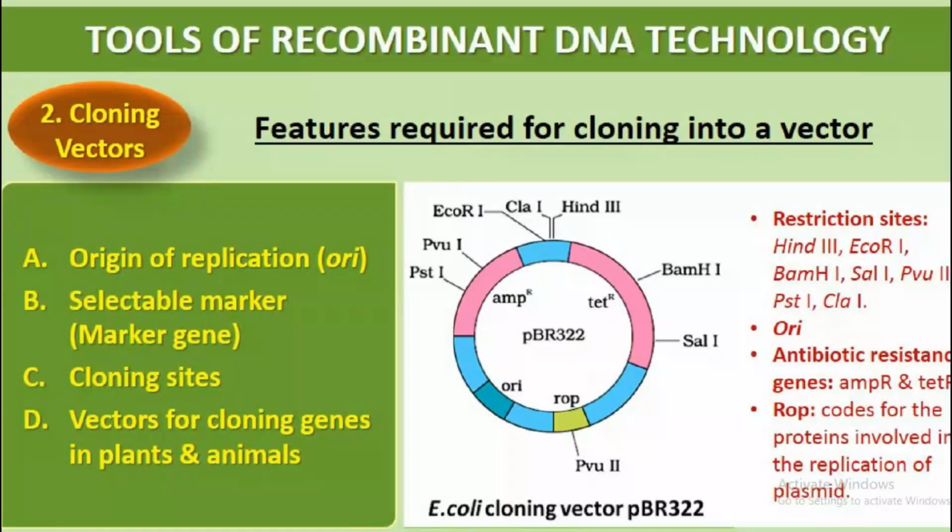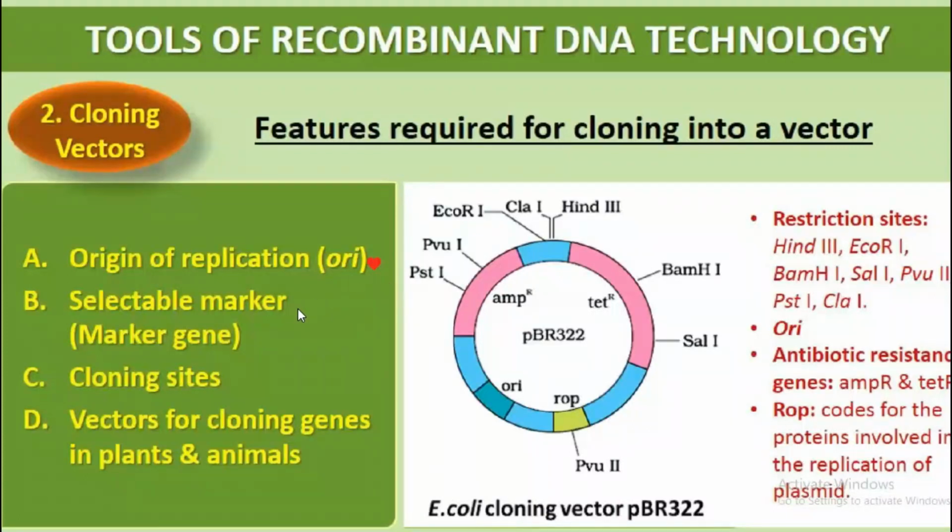There are four features. It includes origin of replication. In the plasmid, there should be an ori. In short, we call it ori, origin of replication.